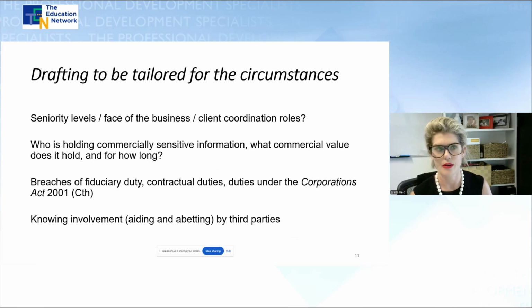Okay, so looking at the importance of tailoring for particular circumstances.